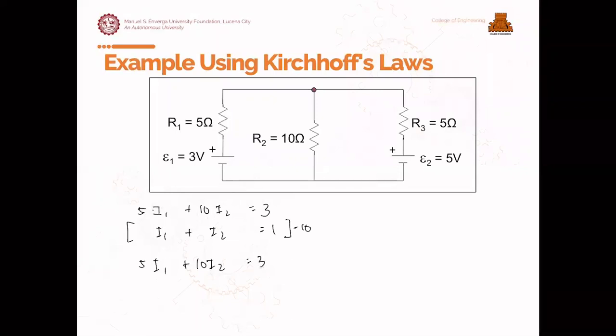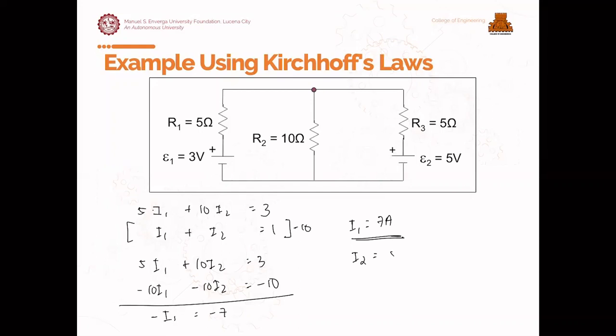Negative 10I1 minus 10I2 is equals to negative 10. This will be negative I1 is equals to negative 7. Okay? So, I1 natin is 7 amperes. Okay? Next, I2 natin will be galing dun sa equation number 1.